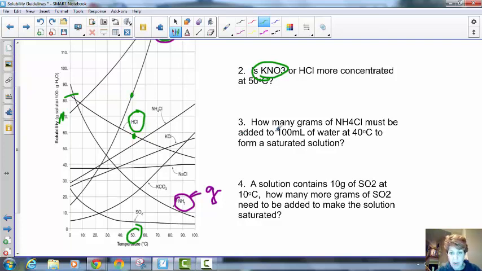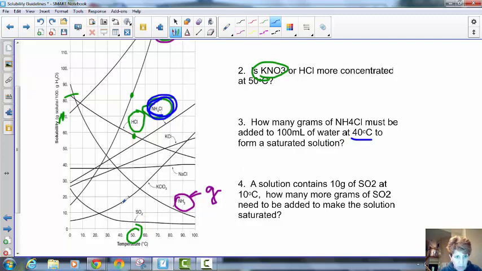All right, number 3. How many grams of NH4Cl must be added to 100 milliliters of water at 40 degrees Celsius to form a saturated solution? So saturated means I want it to be on the line, and NH4Cl, I want to find it over here. So there it is, NH4Cl. Here, I'll switch to a new color. All right, so I've got NH4Cl here, and I want to go to 50 degrees. Oh, no, I'm sorry, 40 degrees.